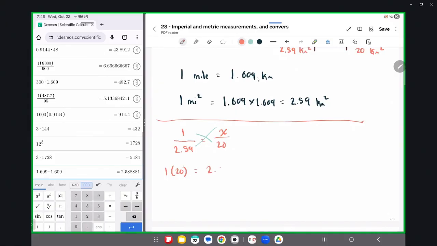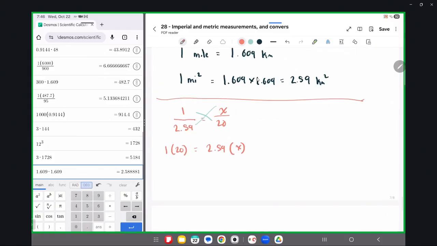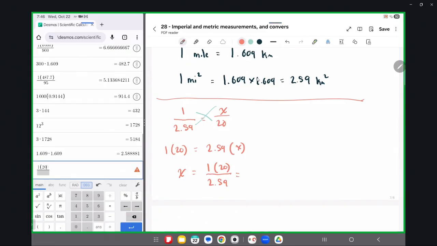And dividing both sides by 2.59, we have x will be equal to 1 multiplied by 20 divided by 2.59. So this is going to be about 7.72 square miles.